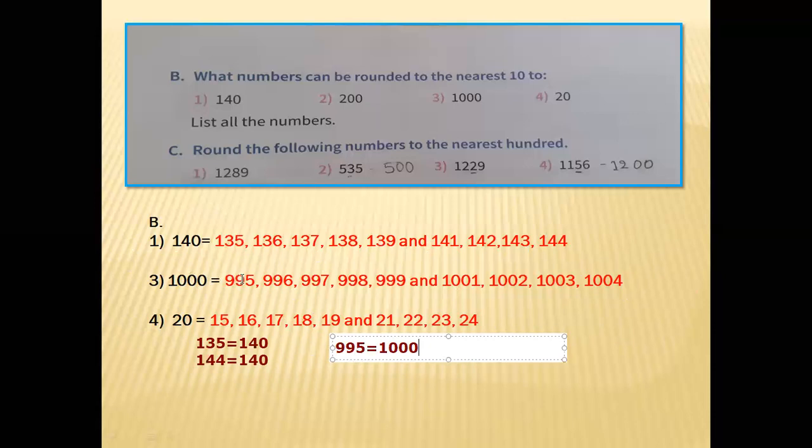Total how many numbers? 1 2 3 4 5 up to 999. 1000 also equals 1000 only, and then 1 2 3 4. Okay, total how many numbers? From 995 to 1004, these numbers are nearest to 1000.